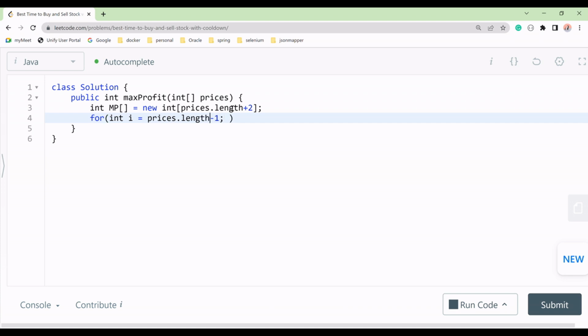Then we take i greater than or equal to 0, correct? And then i minus minus.